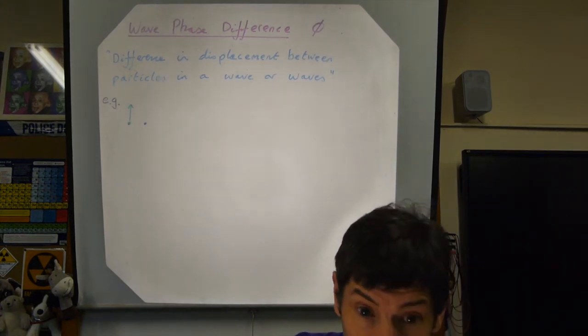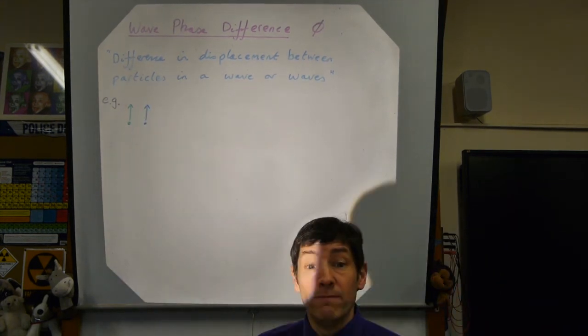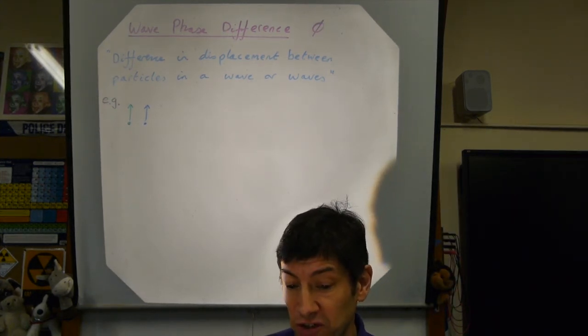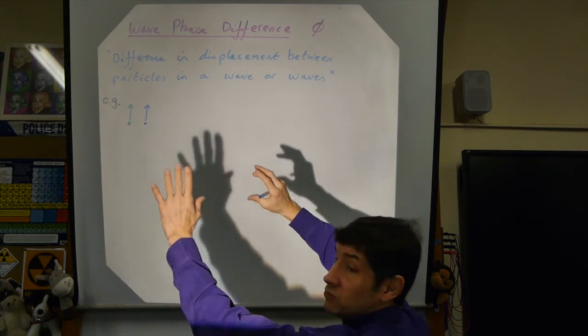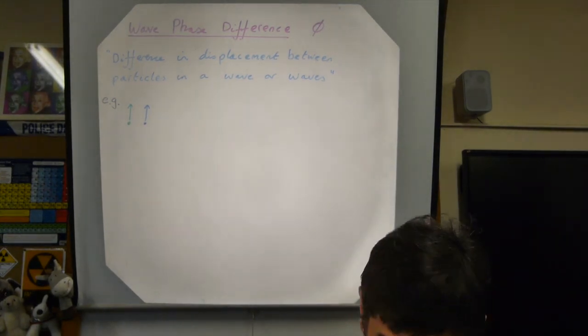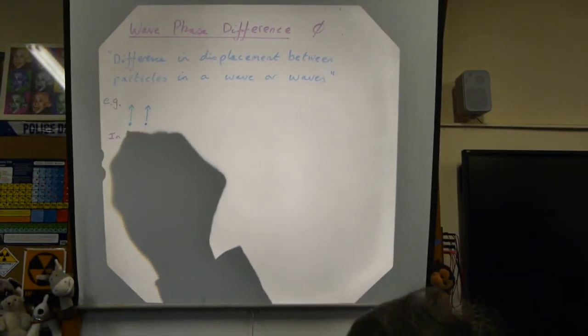Okay, and this one also is going to start moving upwards as well. In fact, the amplitude doesn't matter. It's just that both are going to start to rise. Okay, rise maybe together.